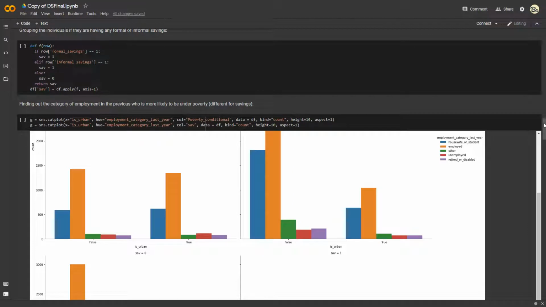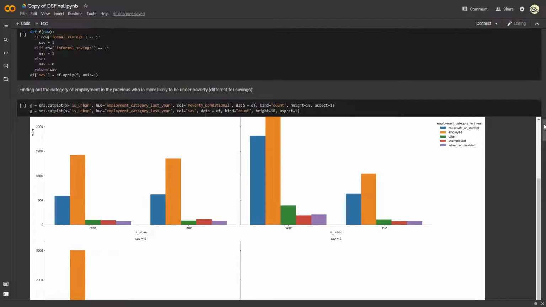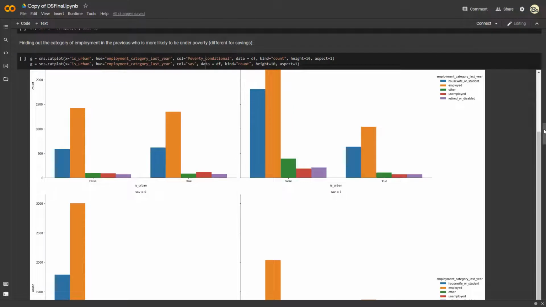And now we should see the category of employment in the sectors which is more likely to be under poverty. You can see that it determines that the unemployed people are most likely to be in the poverty section, and disabled people are also in the poverty section.